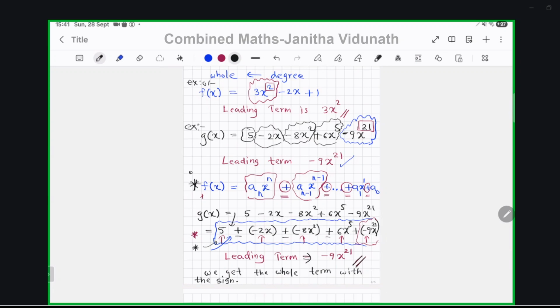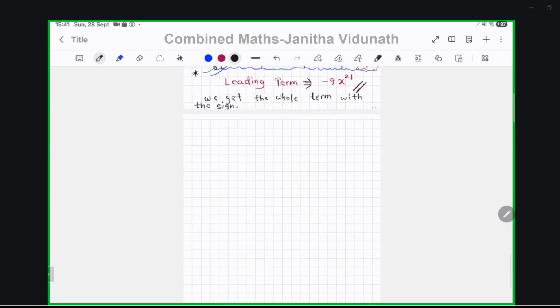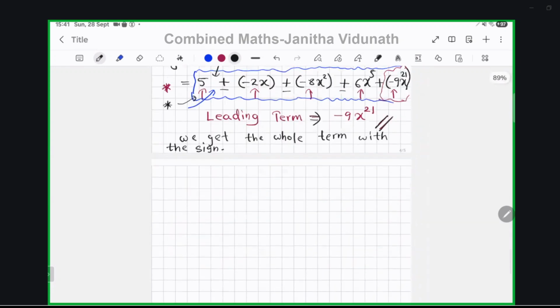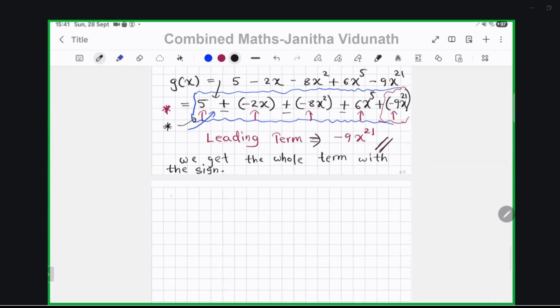Okay. Now I will give some questions. Try to find the leading term of those questions. First one is f(x) is equal to 2x minus 1.